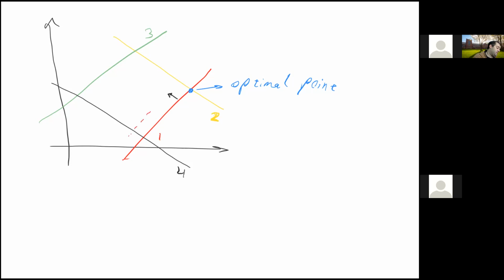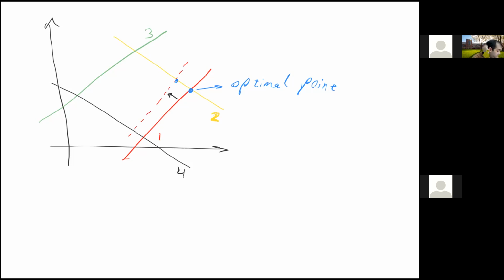This would be the new line, and most likely this would be my new optimal point. As you see, the binding constraints have a shadow price, because if you change them, you definitely change the optimal point, so you're changing the final solution.